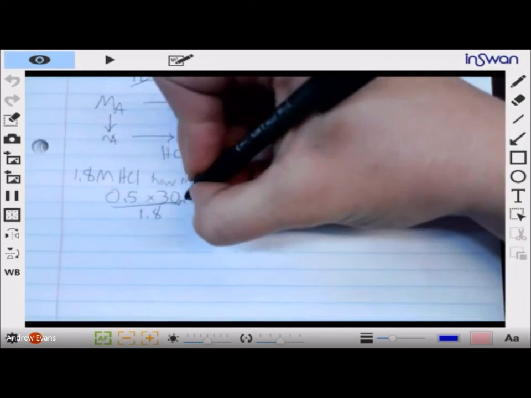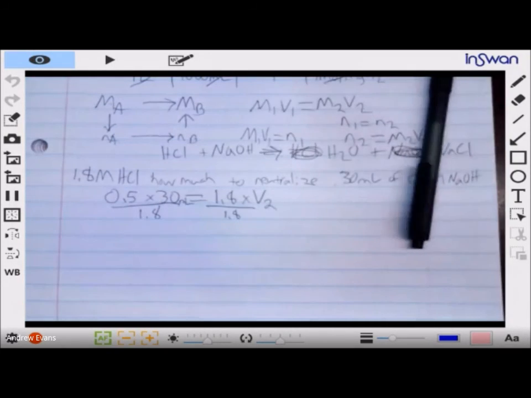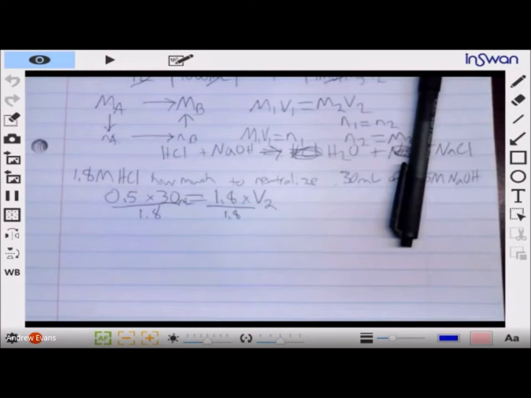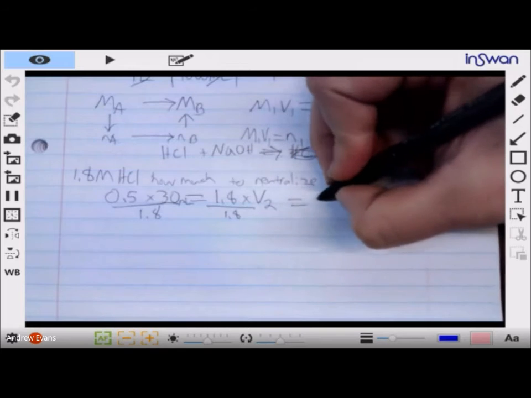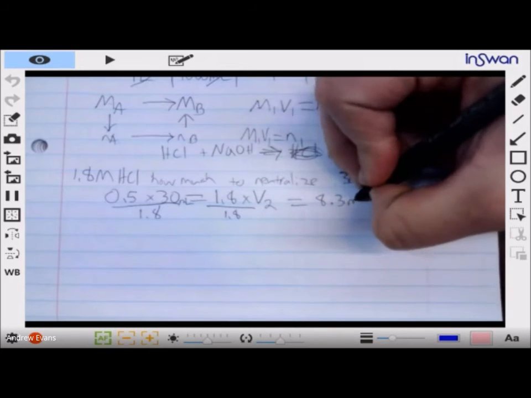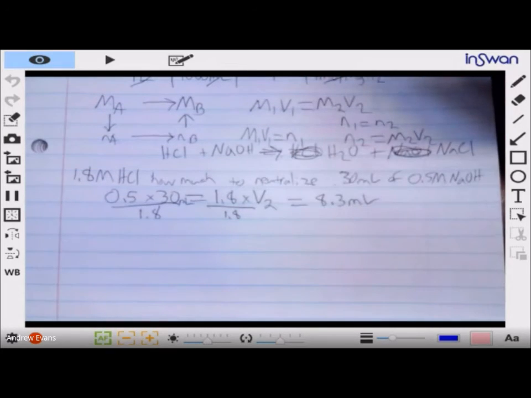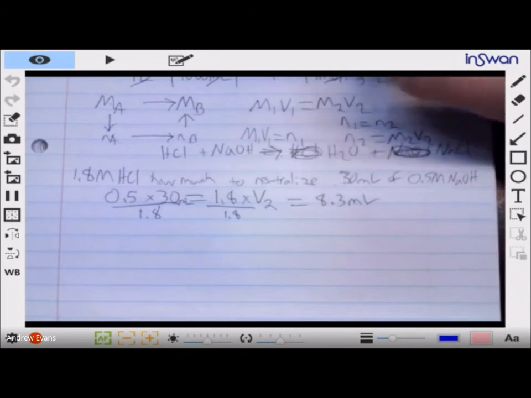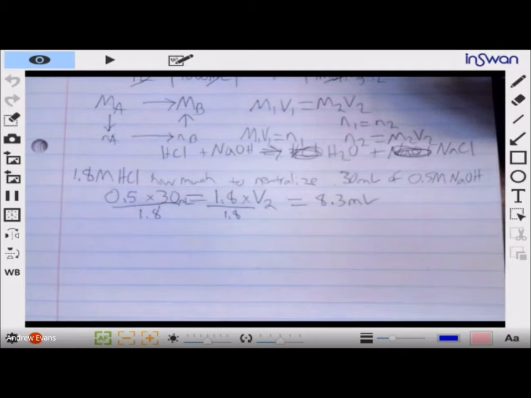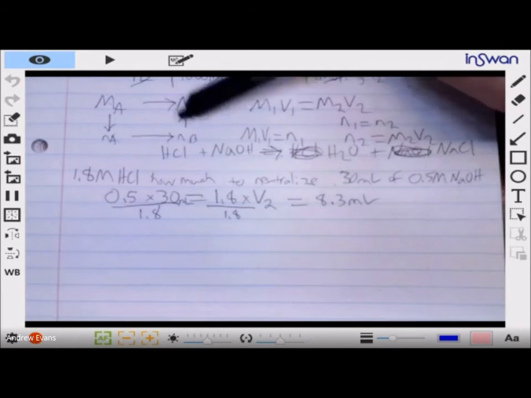Now, because this is in milliliters, our volume will also be in milliliters. 0.5 times 30 divided by 1.8. How many milliliters do we need? We need about 8.3 milliliters. So all this is the basics that come about by paying careful attention to stoichiometry.